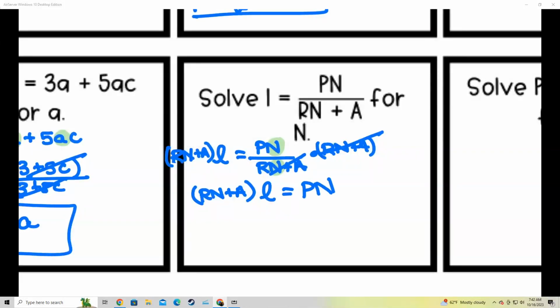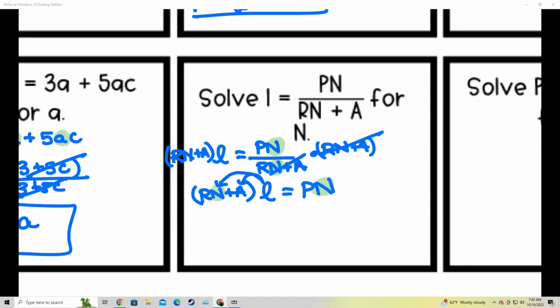I got a couple of problems here. I have that L right next to that parentheses, and I have n's, which I'm trying to solve for, on two different sides. So in order for me to move the n's to one side, I need to distribute that L first. Let me go ahead and distribute this L here and here.